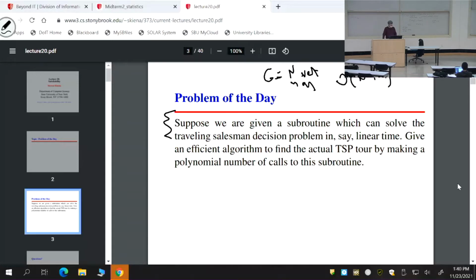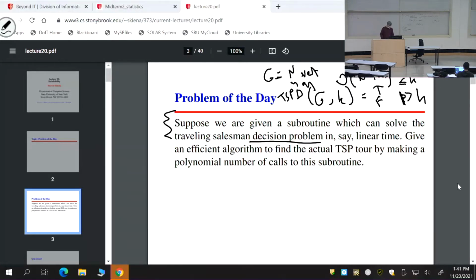If you bought one of those, could you use this? This is only a decision problem. It will take the graph G and a bound K. The traveling salesperson decision problem is going to return true if there is a tour of cost less than or equal to K, and false otherwise.